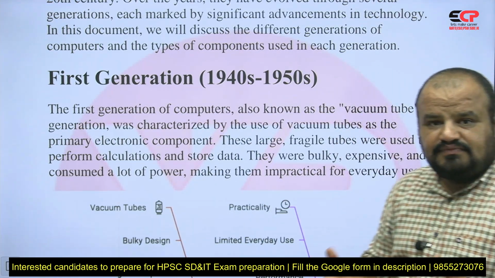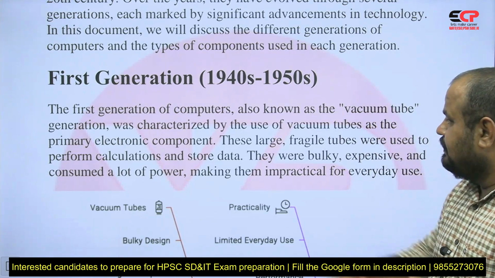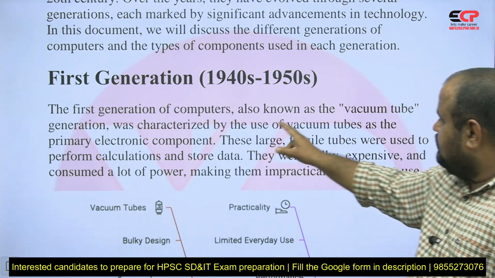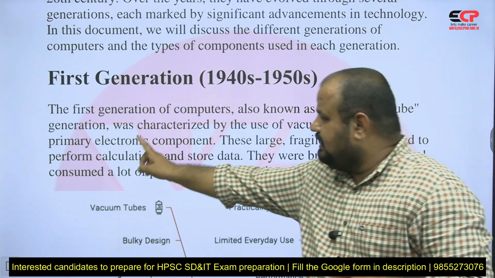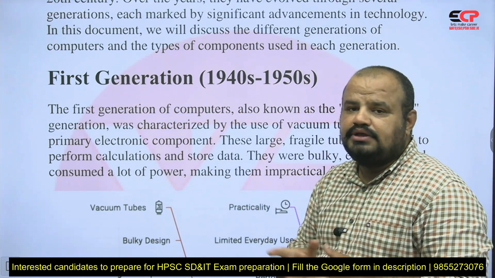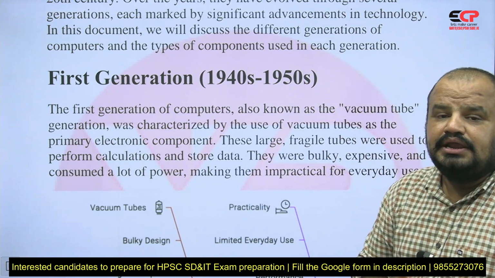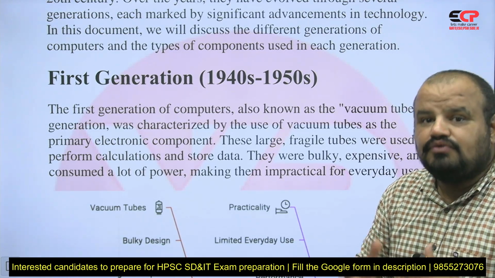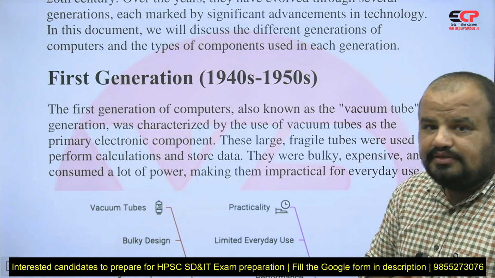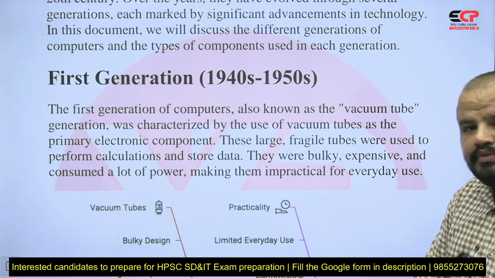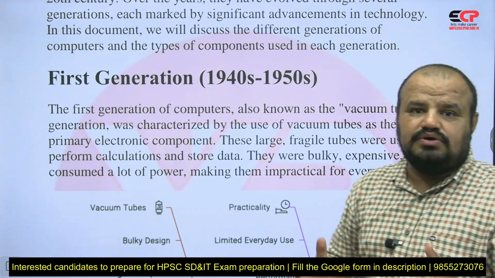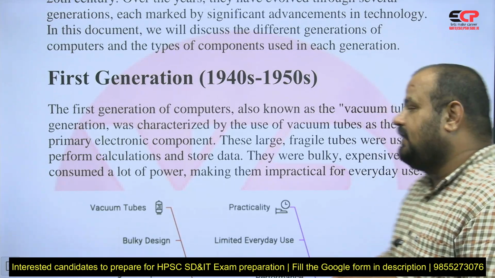It was characterized by the use of vacuum tubes as the primary electronic component. We know that a computer is an electronic device. So what type of electronic component did we use in our first generation era? That is the vacuum tube. Now what are the characteristics of a vacuum tube component?